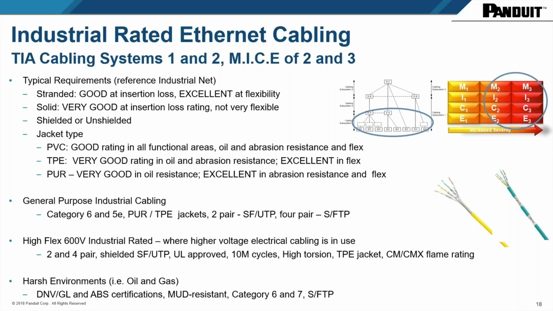So you look at PVC and you say, okay, it is good rated, it has some abrasion resistance and so forth. But as you start looking at different rated product like TPE and PUR, you will find where you have extreme conditions where a TPE or a PUR jacket will be preferable.